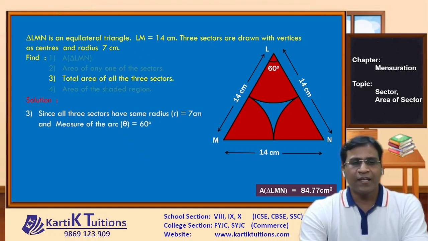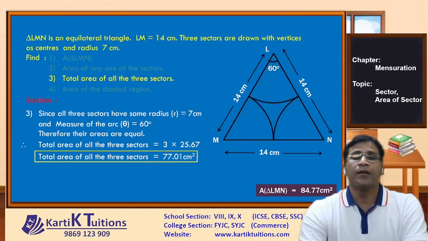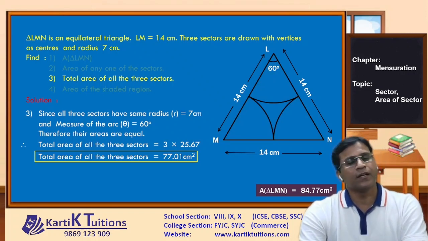Now since areas are equal, we already know the area of one sector, which we got as 25.67. So therefore the area of all three sectors is equal to 3 into the area of any one sector, that is 25.67. Now when we multiply this, you will get 77.01 centimeter square. So the area of all three sectors, you got as 77.01 centimeter square.